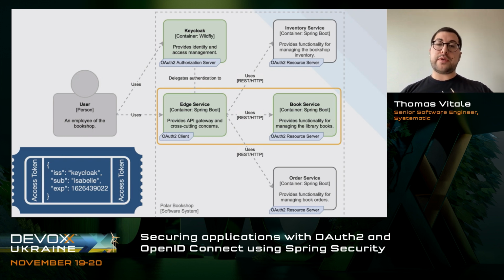So the ID token is only meant to be used by Edge service, and it informs the application about the identity of the user. But then it's the access token that is required to get authorized access to BookService, and it's done on behalf of the user. So you can see inside the token, we have the subject, which is Isabel. So Edge service is accessing BookService on behalf of Isabel.